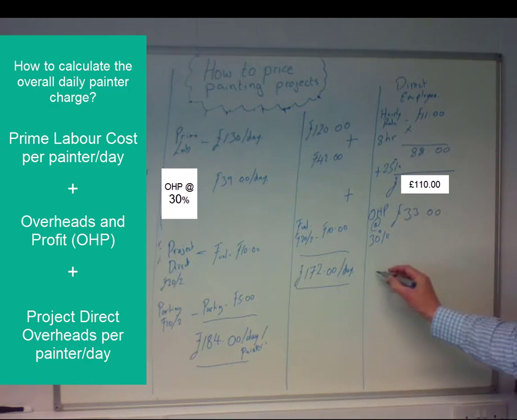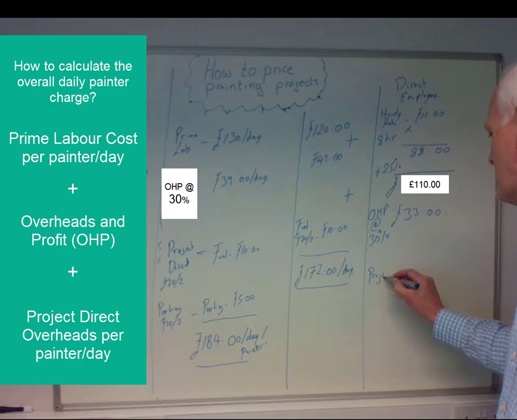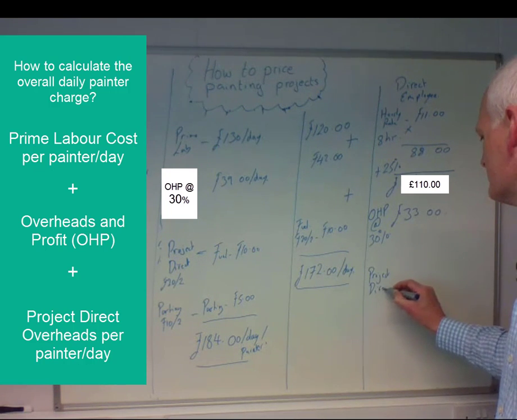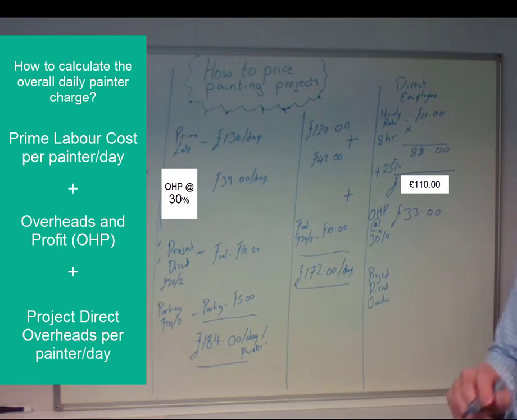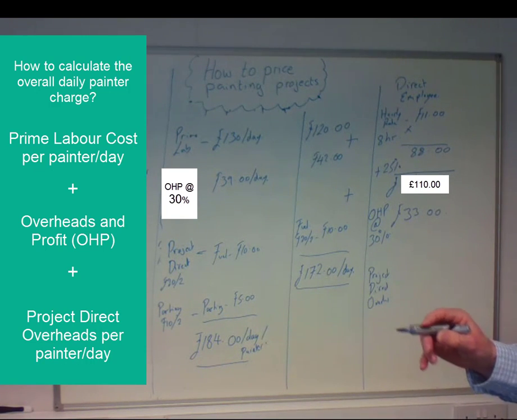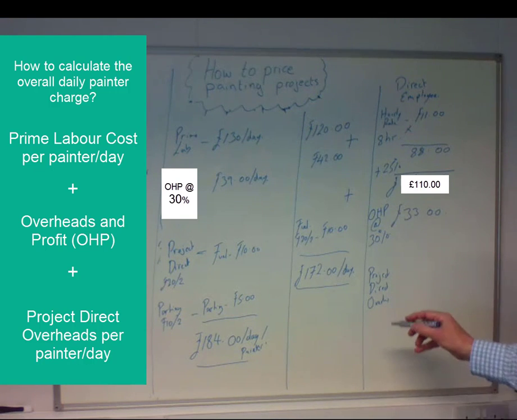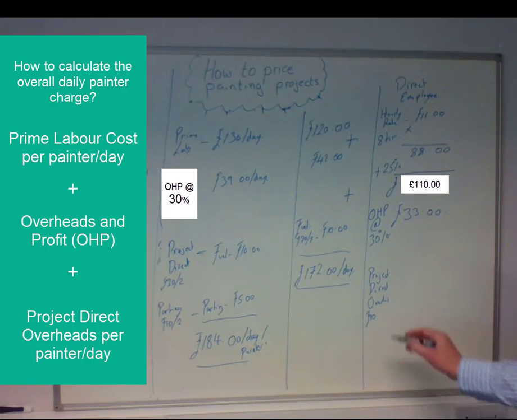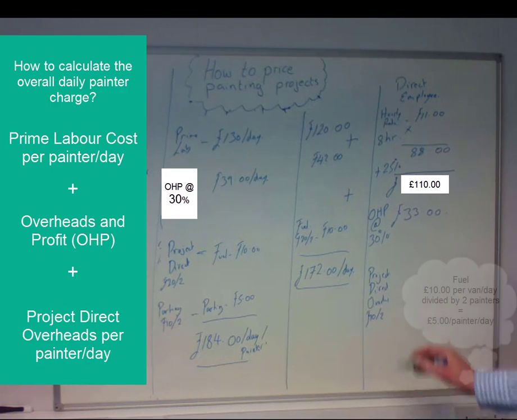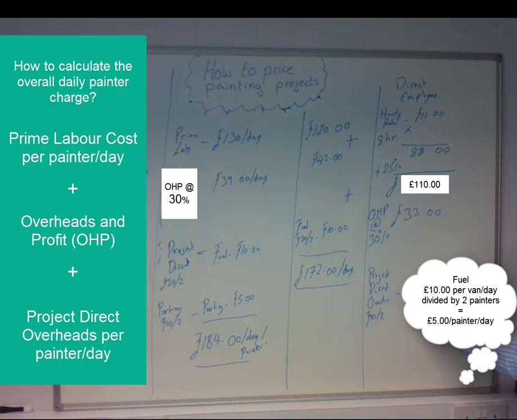And then finally, I've got my project direct overhead. Now, again, for this, let's just assume that we've got some fuel in the vehicle. Let's say the project is really close to us, so I know I'm only going to put £10 in the vehicle a day. Assuming 2 operatives in that vehicle means I need a fuel allowance of £5.